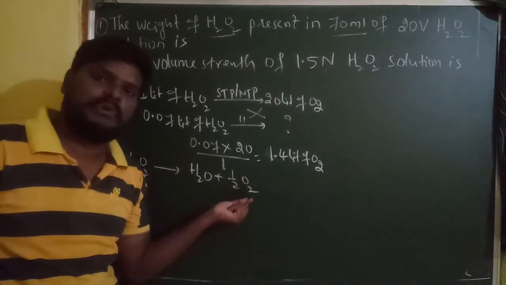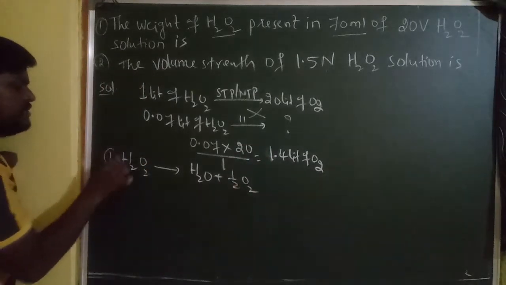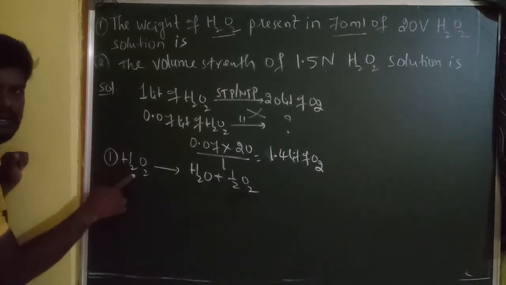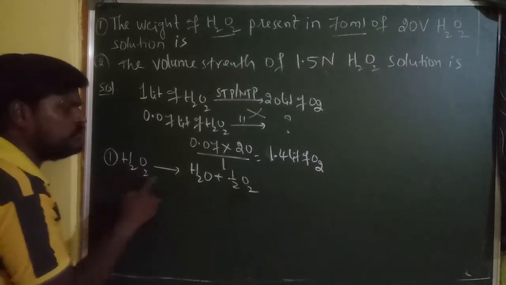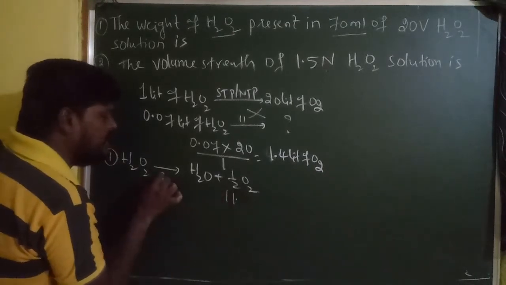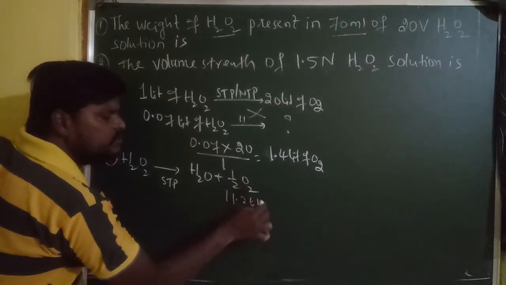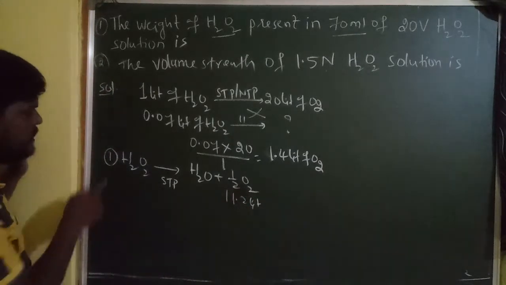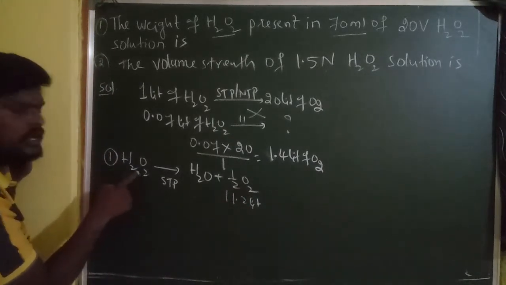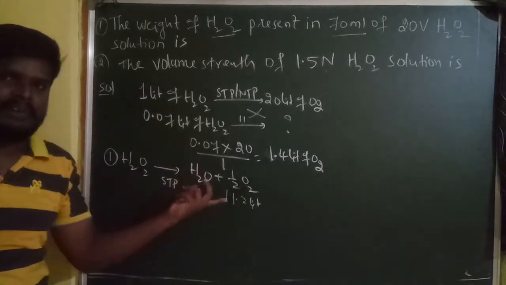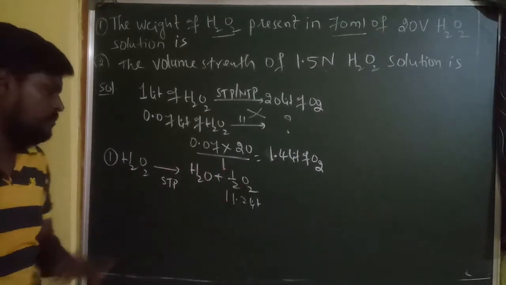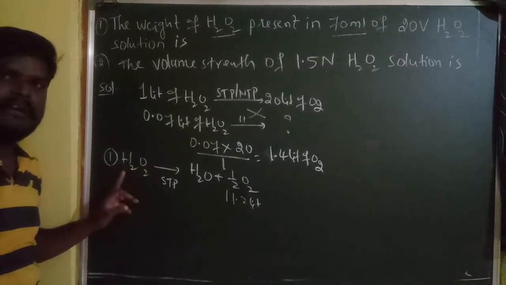So here, how much gas do we have? 11.2 liters of O2 at STP, which is equal to how many moles of H2O2, sir? 1 mole of H2O2. So 1 mole of H2O2 produces how many liters at STP conditions? 11.2 liters of O2. So 1 mole of H2O2 contains how many grams of weight, sir? 34 grams. Yes or no? Because oxygen is 32 and hydrogen is 2.